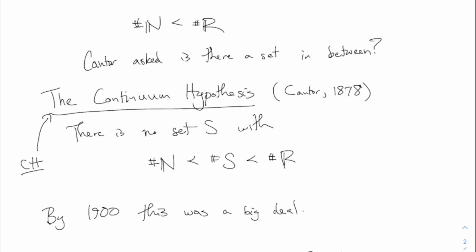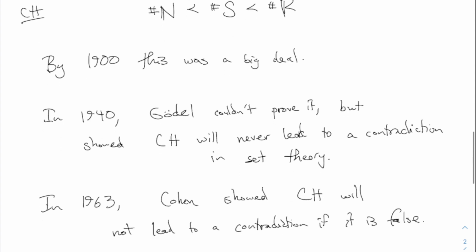So the exact relationship between the power set of N versus R, I think, is related to the continuum hypothesis. That's something I'm not quite sure about. That is definitely known, though. Some people who are not me know all about this stuff.